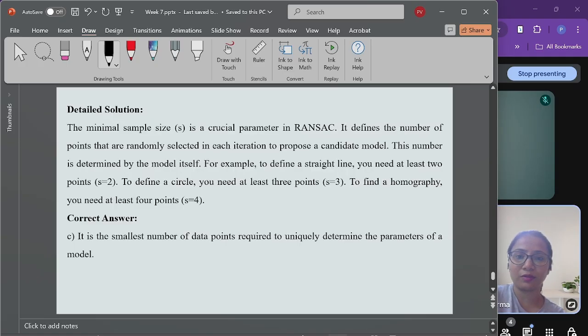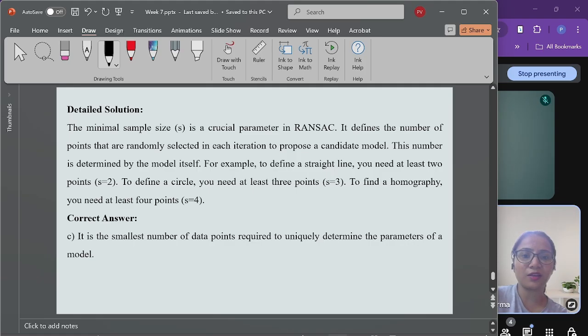So the minimal sample size S is a crucial parameter in RANSAC. It defines the number of points that are randomly selected in each iteration to propose a candidate model. This number is determined by the model itself. For example, to define a straight line you need at least 2 points, so S is equal to 2.